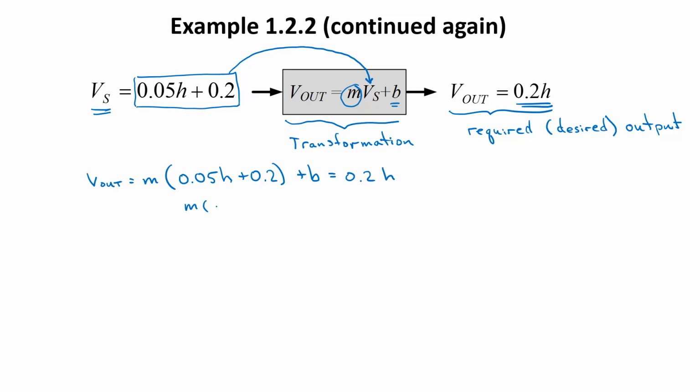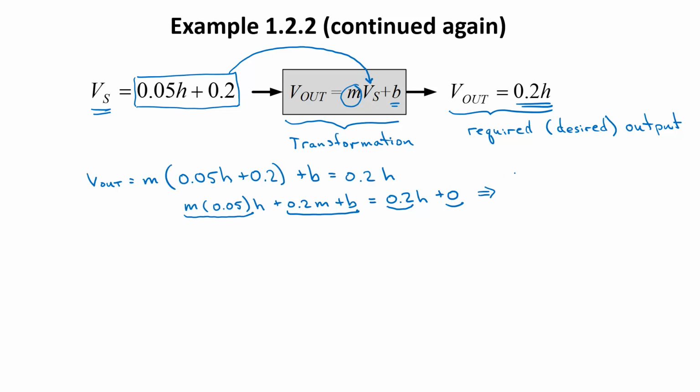M times 0.05 times H plus 0.2 M plus B is equal to 0.2H. So this coefficient here equals 0.2. The y-intercept is 0, so this is equal to 0.